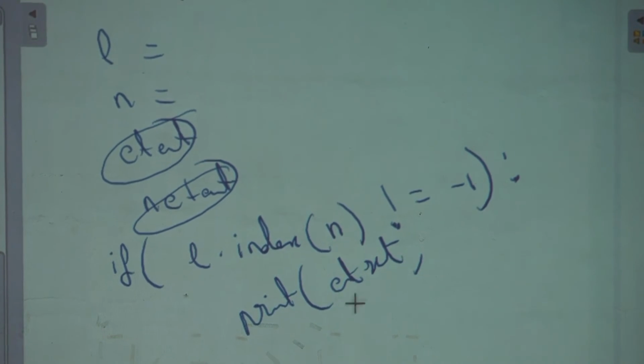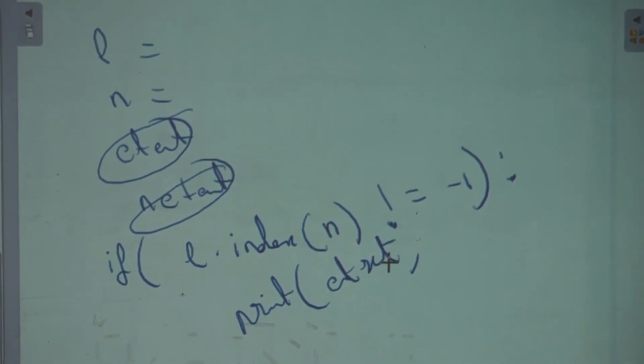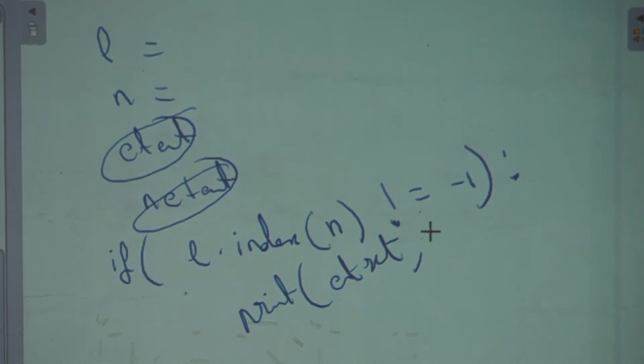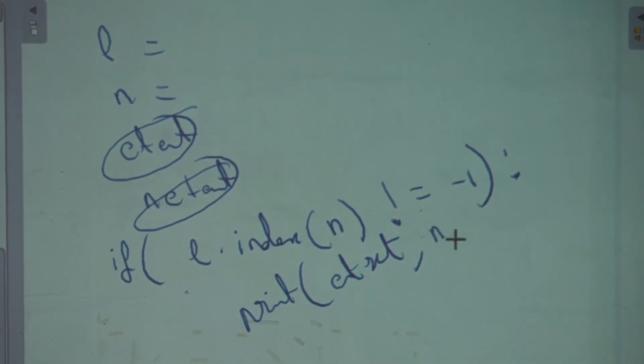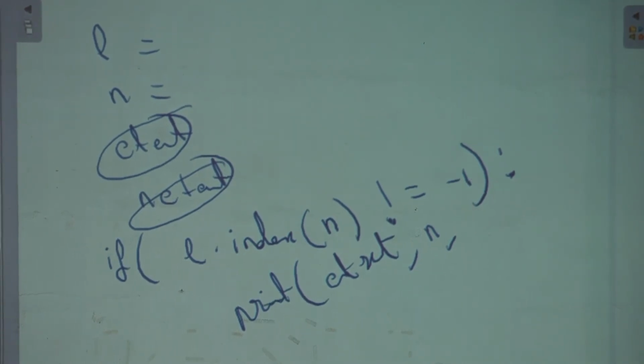Okay. Print eText. And now eText means 3 values. What are the 3 values? That number exists or not, and what is the count of that number. So it exists or not, n exists or not. And then you have count of. Yeah, so this is print eText, that's all.